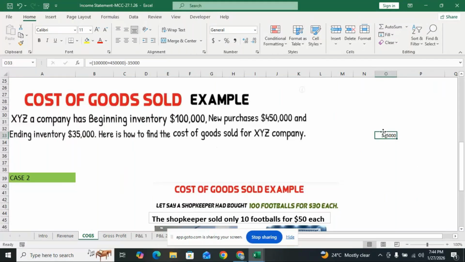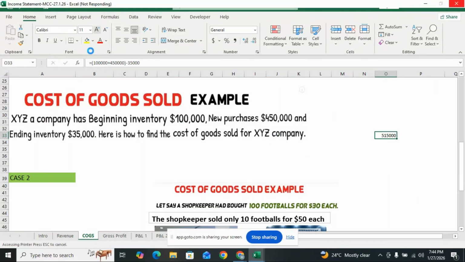So here the answer has been given for you. You can observe in the formula bar: equals to 1 lakh plus 4 lakh 50,000 minus 35,000, which will come up to 5 lakh 15,000.